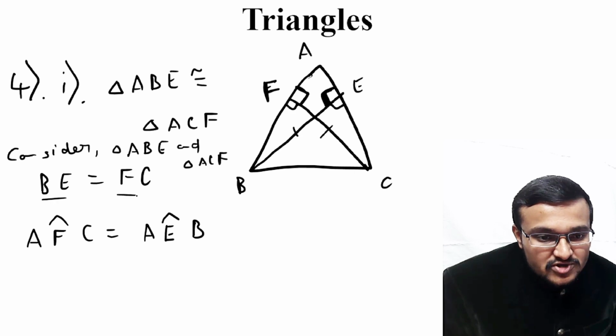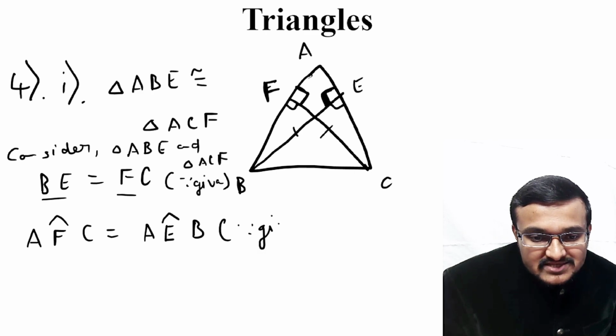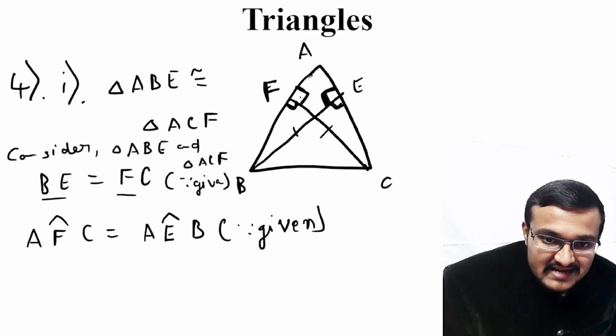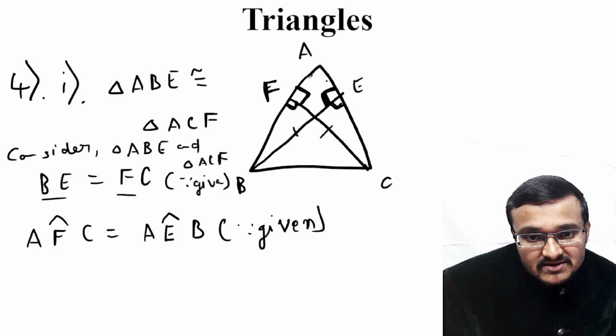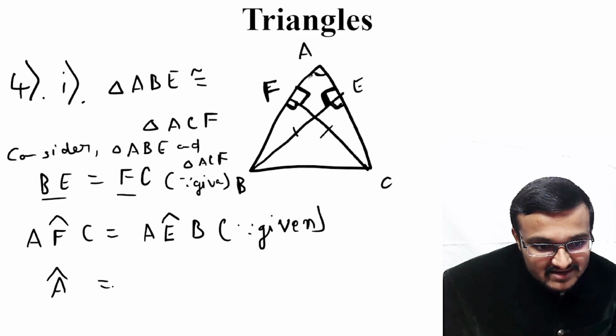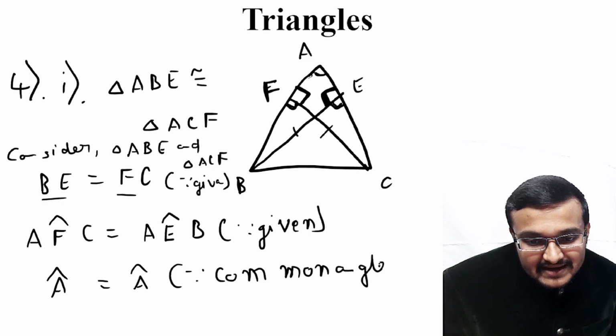In that, BE is equal to FC, which they have already given, and this is also more or less given because on the other side they have given 90 degrees. So since AB and AC are straight lines, this angle will also be equal to 90 degrees. And here the common angle is A, so angle A is equal to angle A because angle A acts as a common angle.